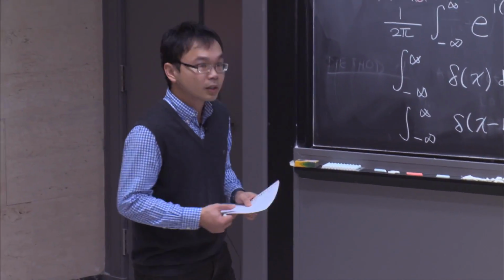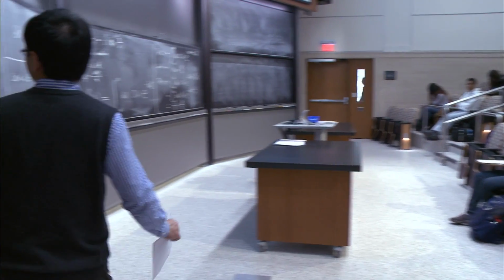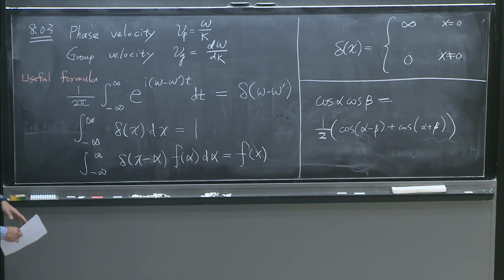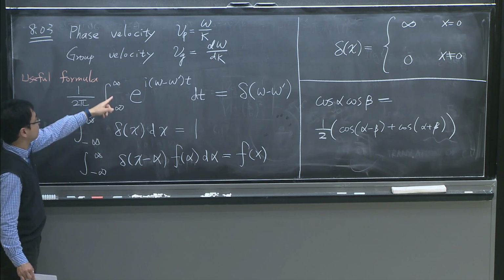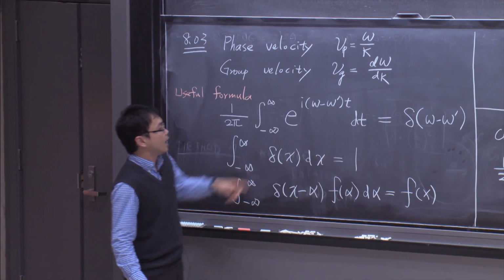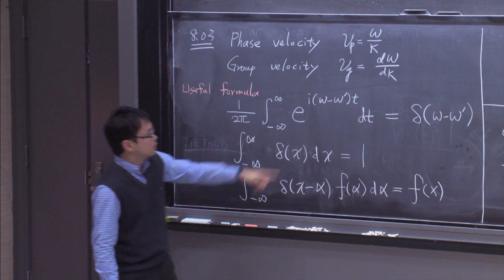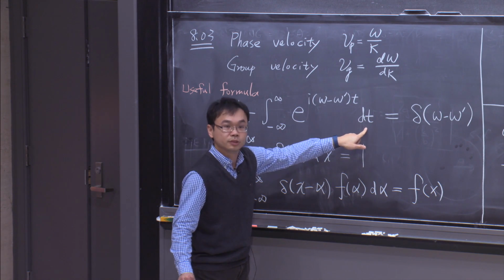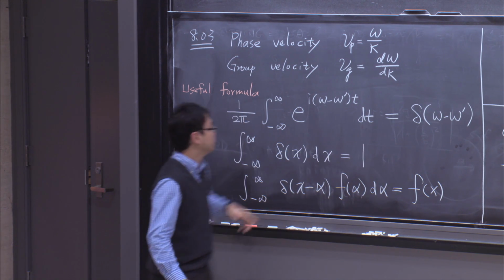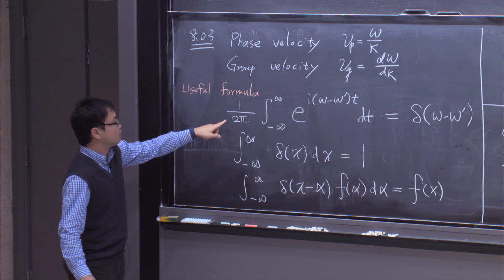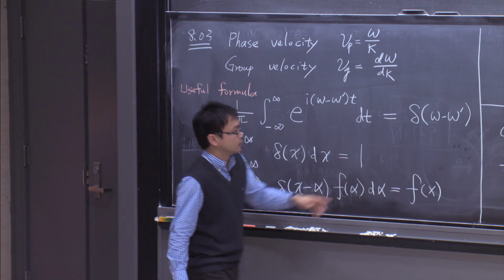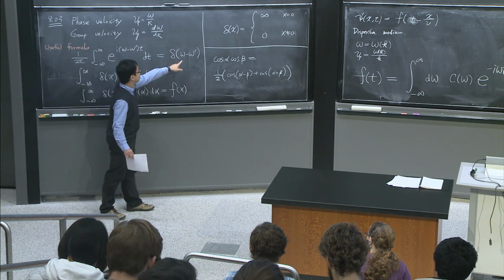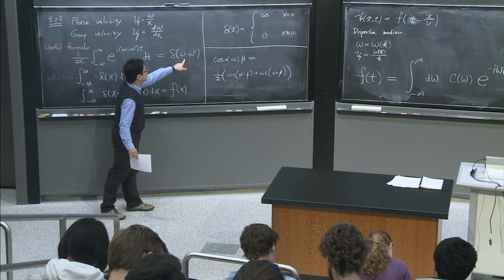All right, really quickly, we would also like to use a few formulas which are documented here. If I integrate from minus infinity to infinity, exponential i(omega minus omega prime)t over dt, integrating over time t, and divide the whole formula by 2 pi, what I get is a delta function of omega minus omega prime.